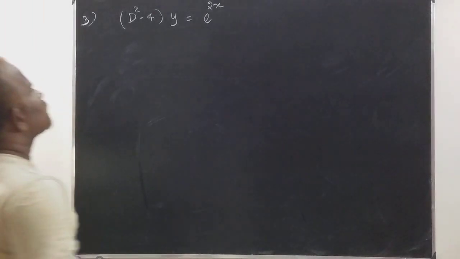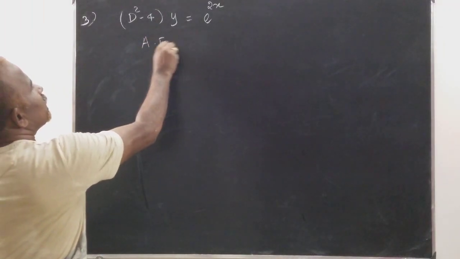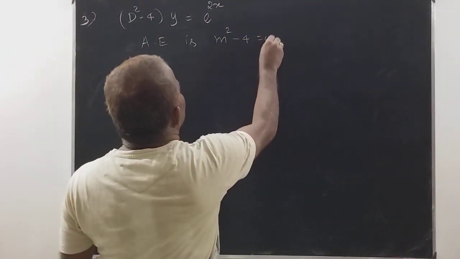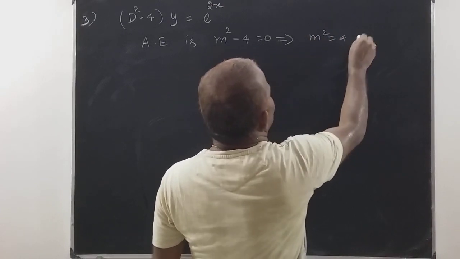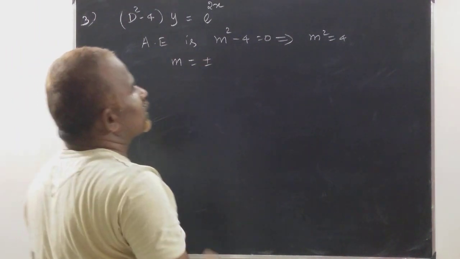The same thing, the auxiliary equation is m squared minus 4 is equal to 0. This implies m squared is equal to 4. Therefore m is equal to plus or minus 2.